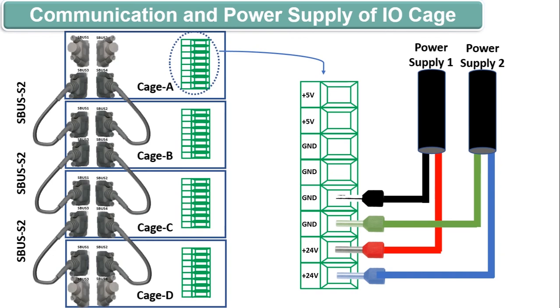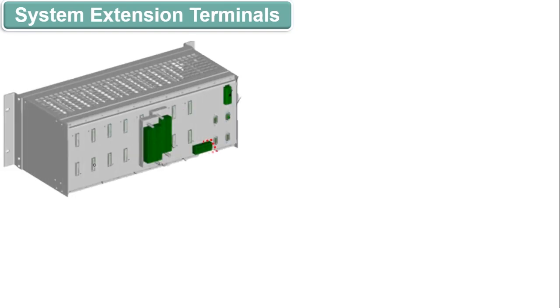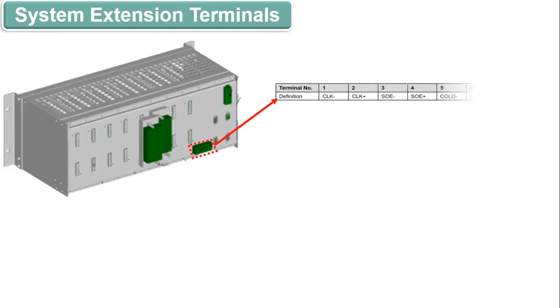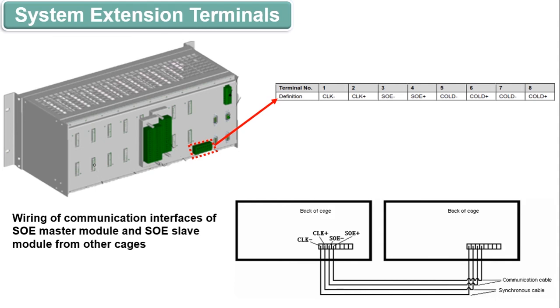cabinet. Then we have a system extension terminal on the back side of our cage, which is normally used for remote acquisition of temperature wiring or wiring of SOE and system extension. Terminal 1 to 4 are used to connect SOE system, in which terminal 1 to 2 are used to synchronize for SOE system, and terminal 3 to 4 are RS485 signal terminal for SOE.